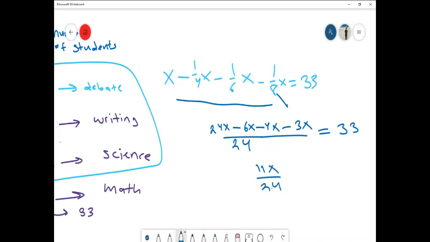If I take it as common factor and do the math, it is equal to 33. Then I will find x. When you subtract it, it will be 11. Sorry. Let's solve it. 11x divided by 24 is equal to 33.